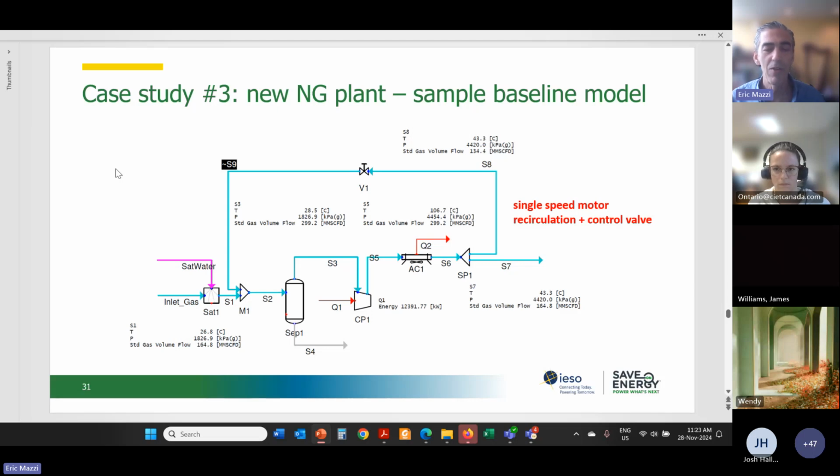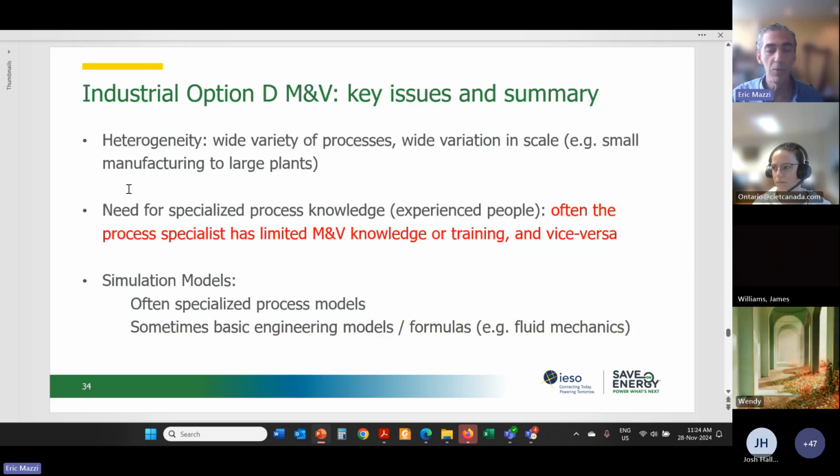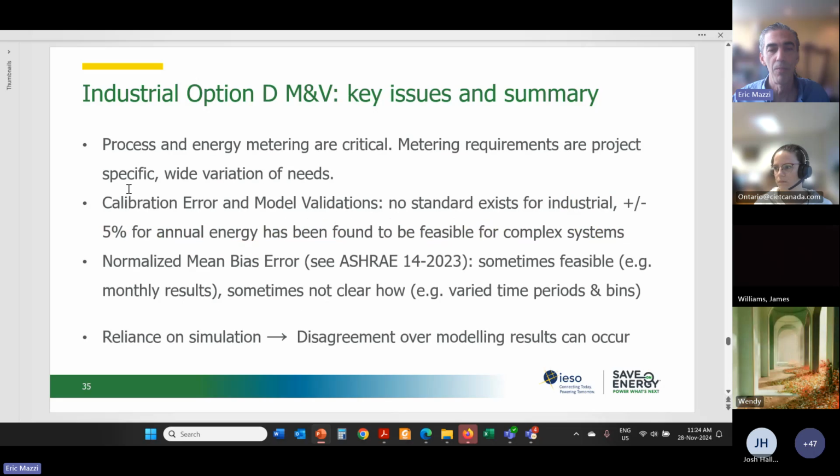They're getting guidance from another engineer who has more of the process expertise, which perhaps is not ideal, but that's just the way it worked out. The person's familiar with it, but in the discussions, it was very clear they didn't have a lot of field experience, which is not an insurmountable problem. But from a project perspective, you want to make sure you have someone with that field experience, design experience, whatever level of process expertise is judged to be critical. You want to bring that expertise to the project. It doesn't necessarily have to reside with the modeler or with the M&V designated professional.